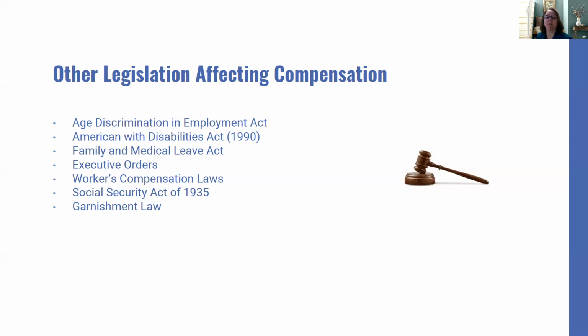And then recently that was extended, and for retirement benefits. And then the federal wage garnishment law limits the amount of an employee's earnings that employers can withhold or garnish per week, and protects the worker from discharge during garnishment.